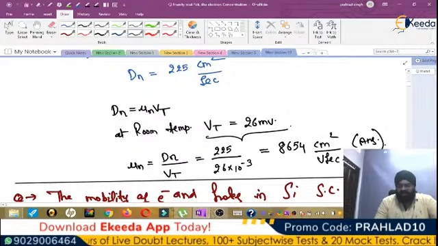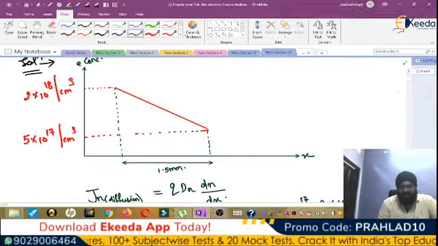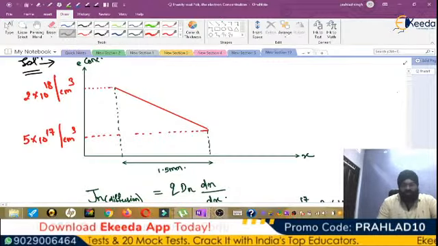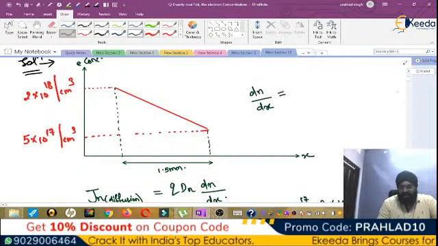Okay, so in this question, we were given dn over dx, which is the concentration gradient. Let me write here dn over dx, it is concentration gradient.